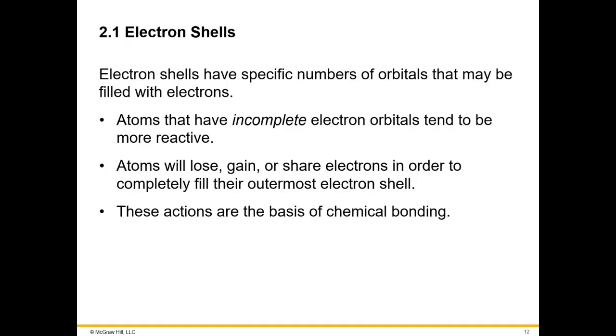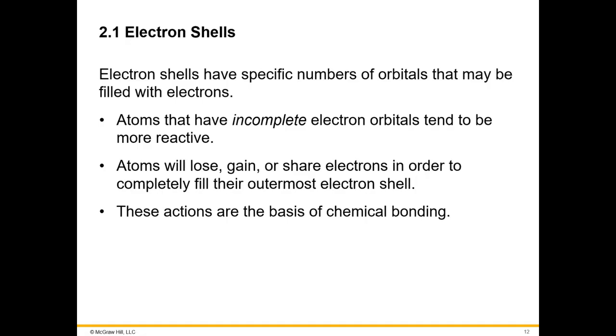Atoms are going to either lose, gain, or share electrons in order to fill that outermost electron shell. That is the goal. So if you're missing an electron and you're trying to find that balance, you're going to be looking for what other atoms you can bind with to bring in another electron.